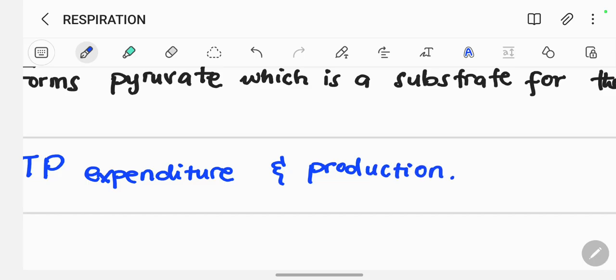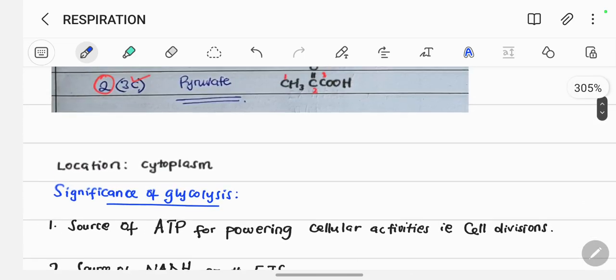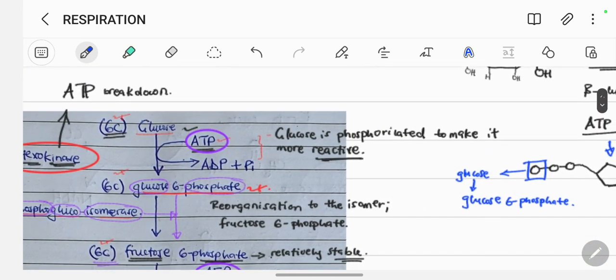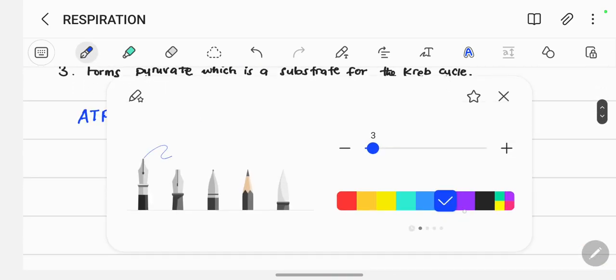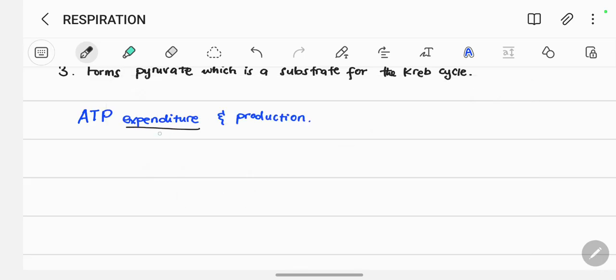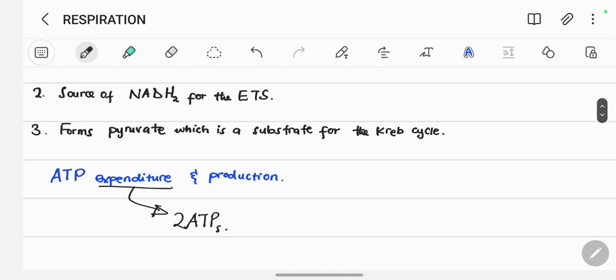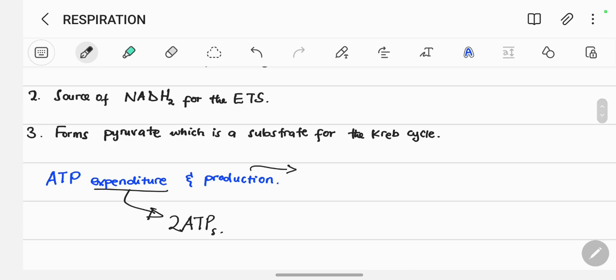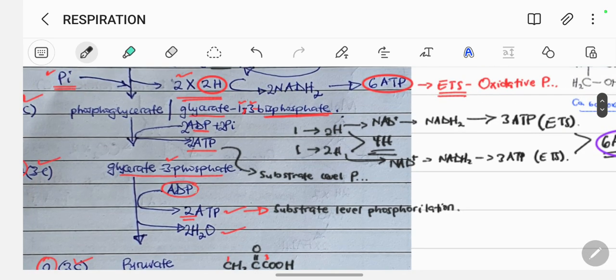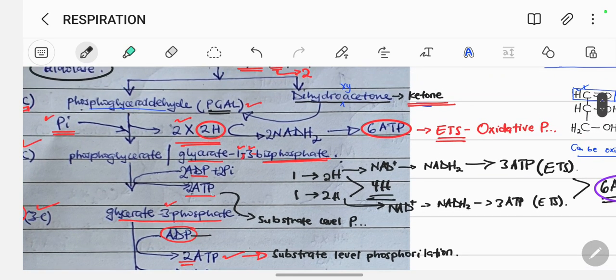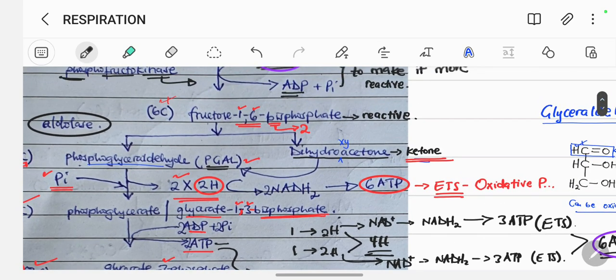So from our analysis, we spent 2 ATPs, and we produced, if you remember, 2 ATPs.